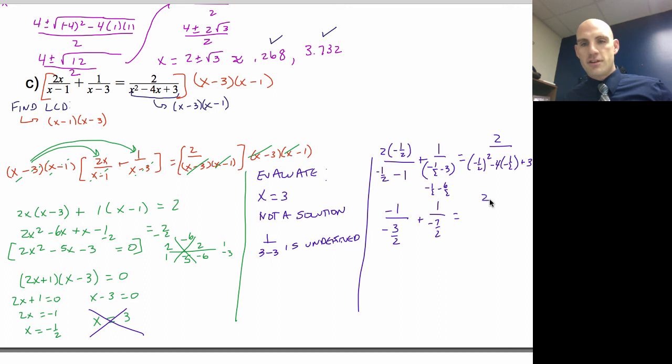Over here I'd have 2 over, and this would be 1/4, and this would be minus 4 times negative 1 half, which would be minus a negative 2, plus 3. Dividing by fractions is the same as multiplying by its reciprocal. So here I'd have 2/3.